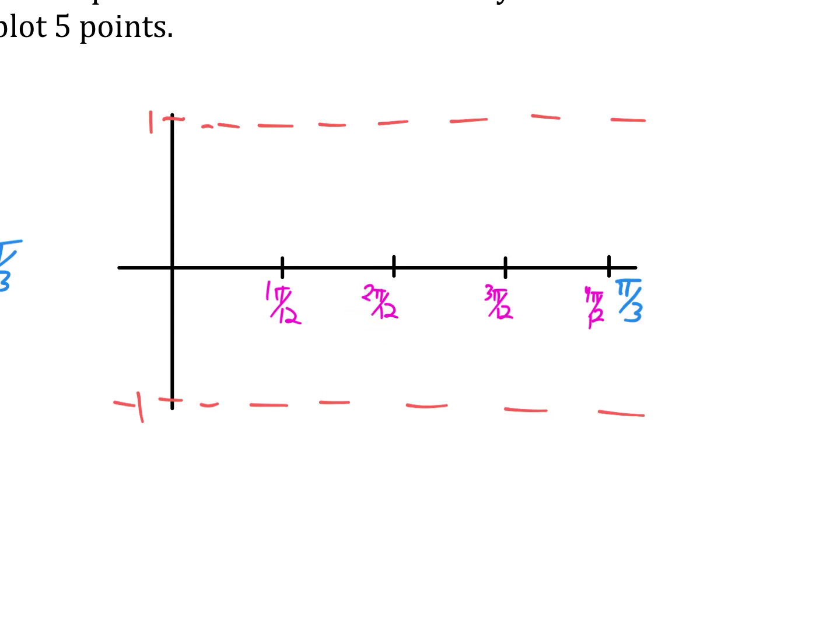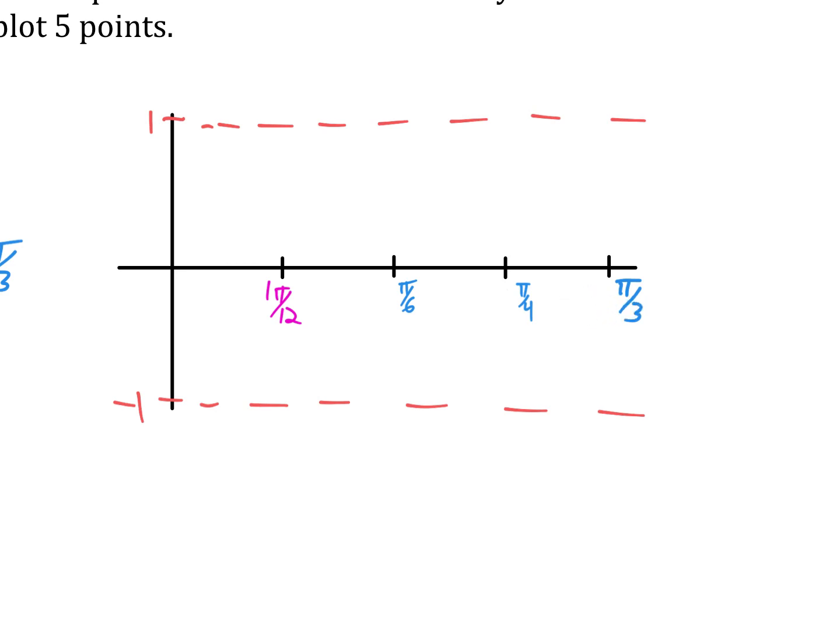So this would be pi over 6. 3 over 12, ooh, that can also reduce. That would be pi over 4. That would be 1/4. And then 4 over 12, well, we already know that that's going to be 1/3. We already have that written out.